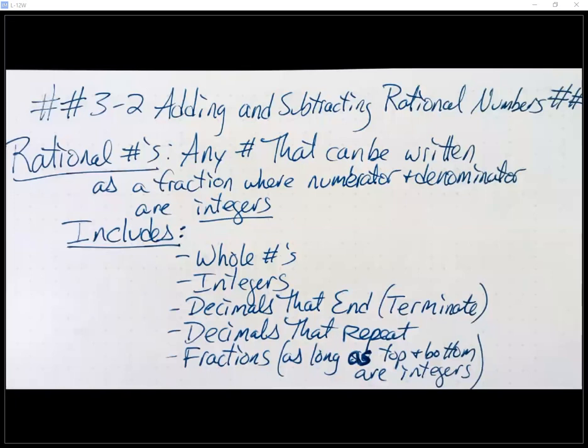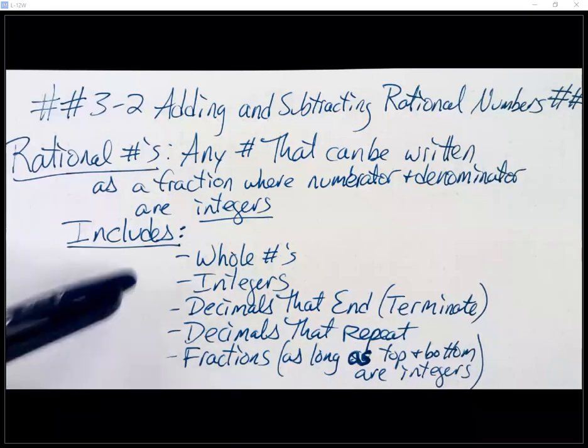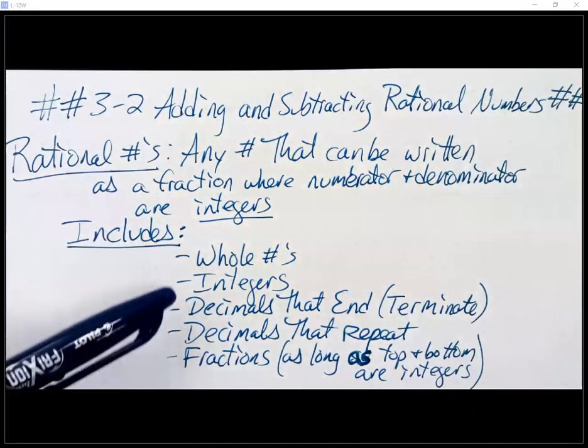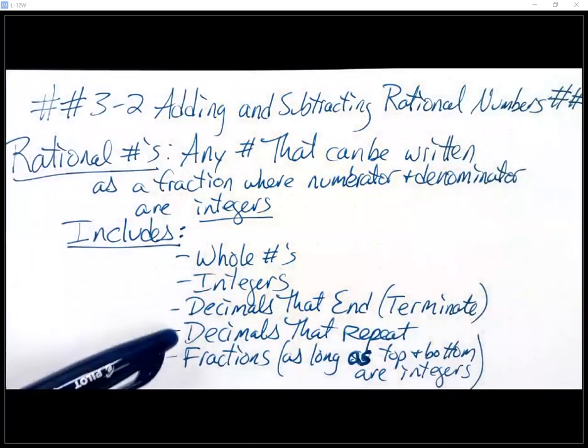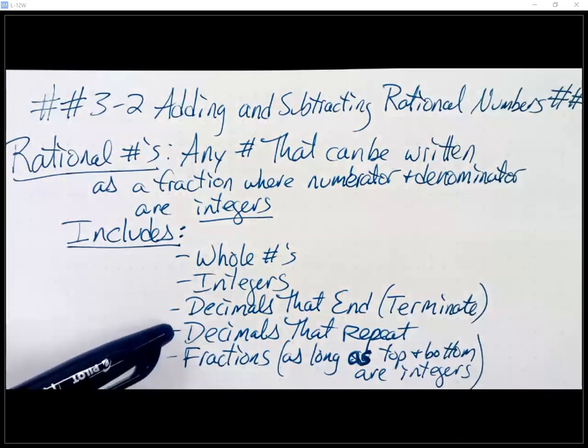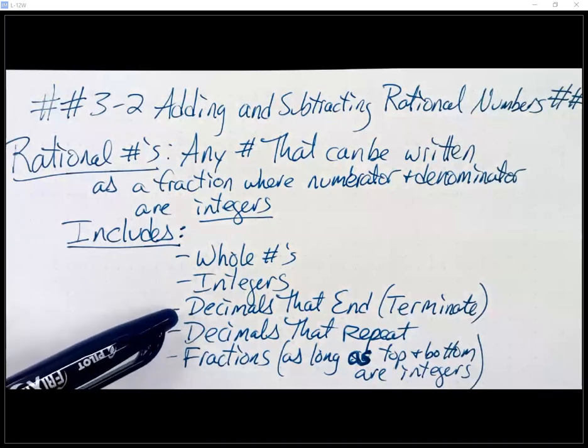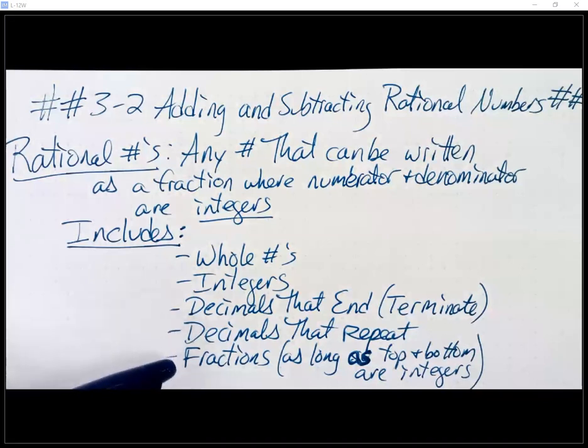All right. So if we look at this list, we've already talked about adding and subtracting and multiplying whole numbers and integers. So we already have done that. We're going to talk about adding and subtracting decimals today, and we'll see how far we get with fractions. So we're going to look at two pieces today. We'll start with decimals, adding, subtracting.